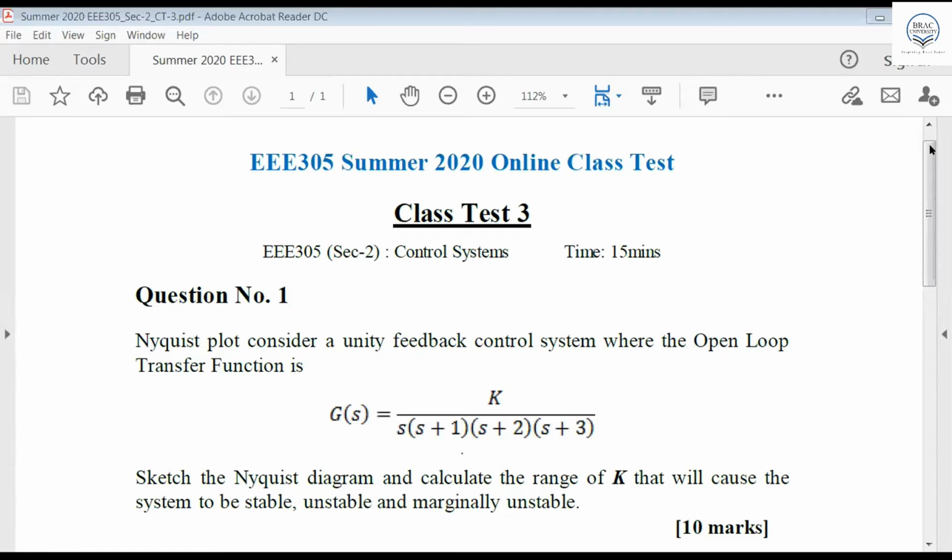Okay. Please don't go outside the classroom. One of you dropped down and came back. Please don't do that.